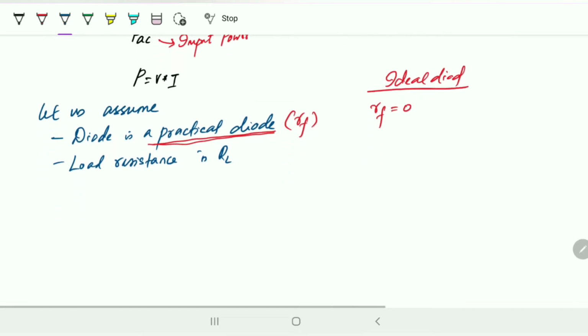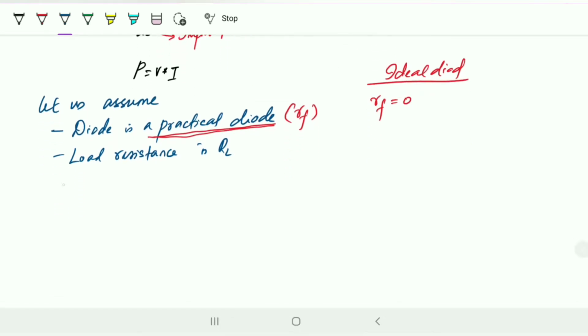Your input voltage, which is AC, VAC, is given as Vm sin omega t.